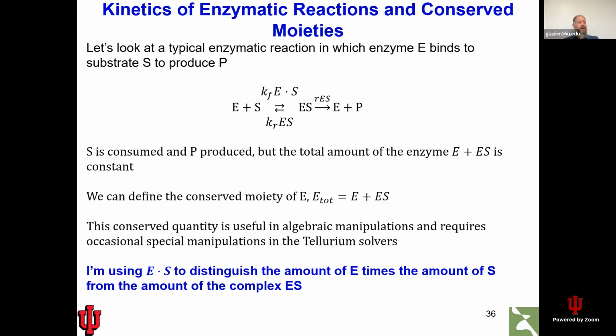And so I have to know that the complex is composed of the enzyme and something else to be able to know that the enzyme is conserved. And knowing that the total amount of enzyme is conserved, just the way when I did the equilibrium, the total amount of A plus B was always the same in time. I could move material from A to B and back, but I didn't destroy or create material. It was stoichiometric. In this case, the amount of enzyme is conserved, but I have to know that it's hiding in ES.